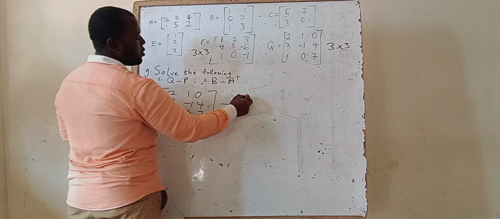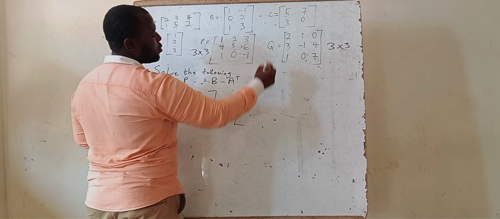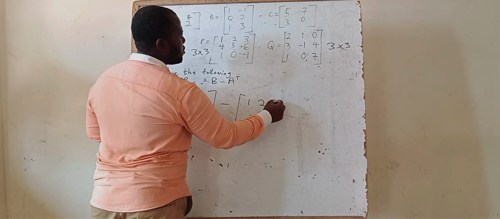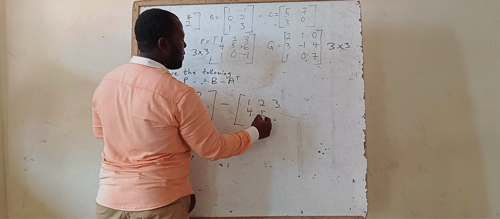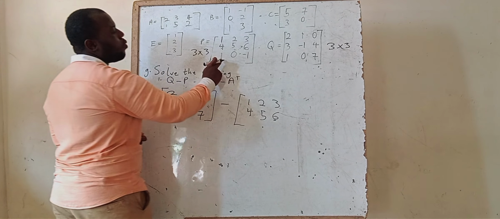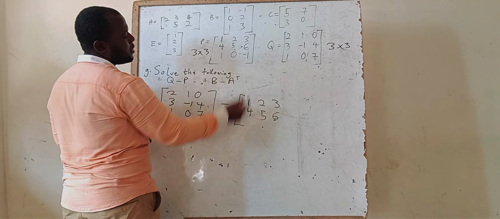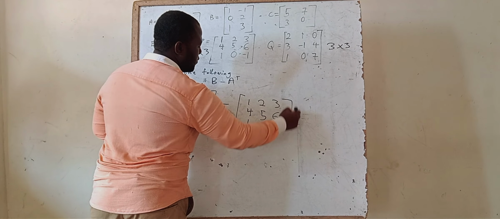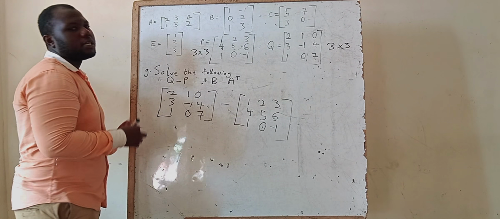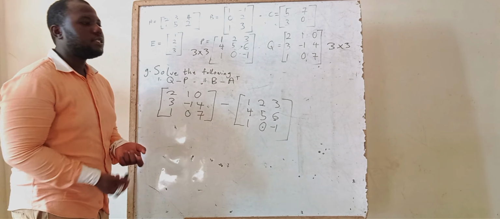P has 1, 2, 3, 4, 5, 6, 1, 0, negative 1. So subtraction is like addition.